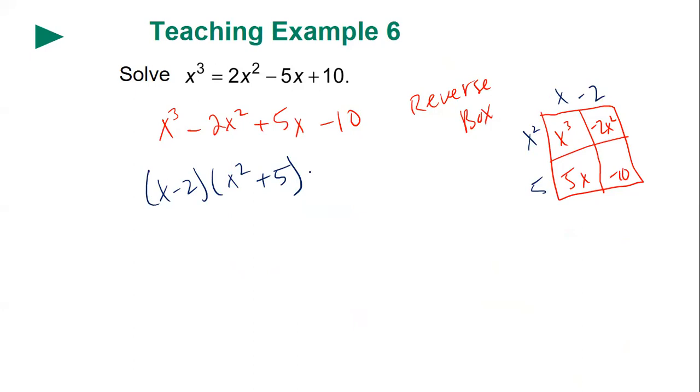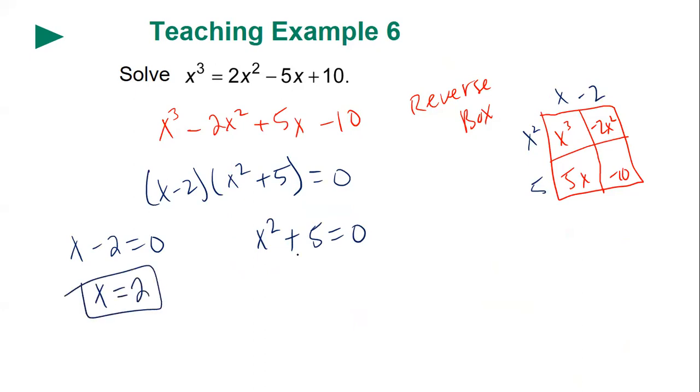Now to find your solutions, you're going to set each factor equal to 0. So we have x minus 2 equals 0, and we have x squared plus 5 equals 0. So our first solution is x equals 2. Our second solution, we have x squared equals -5. Take the square root.